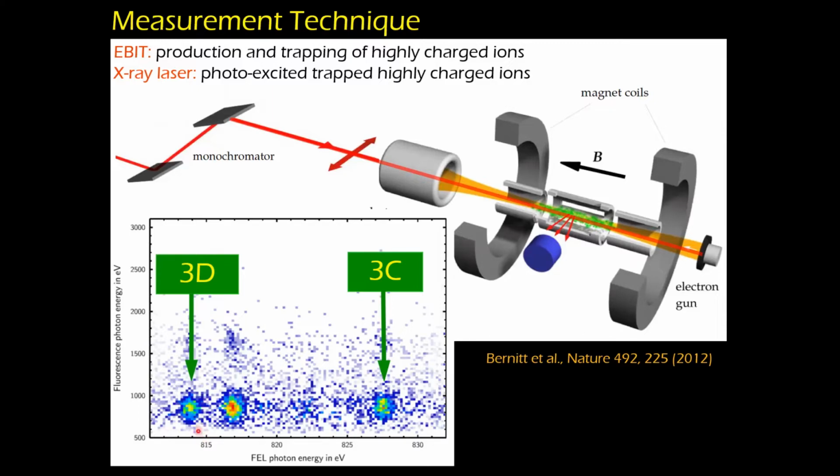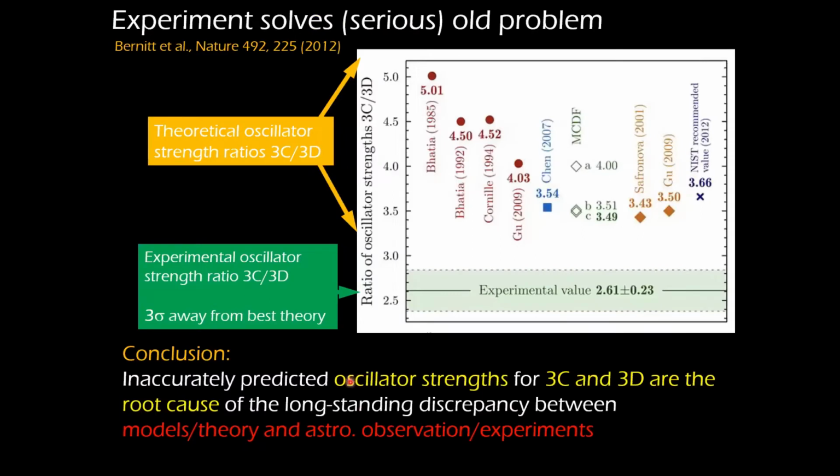So you scan across 812 and 825 eV, you get 3C and 3D photoexcited, and the intensities here are proportional to the oscillator strength of those lines, or the Einstein coefficients of those lines. So you simply take the intensity ratio of 3C and 3D, which gives you the oscillator strength.